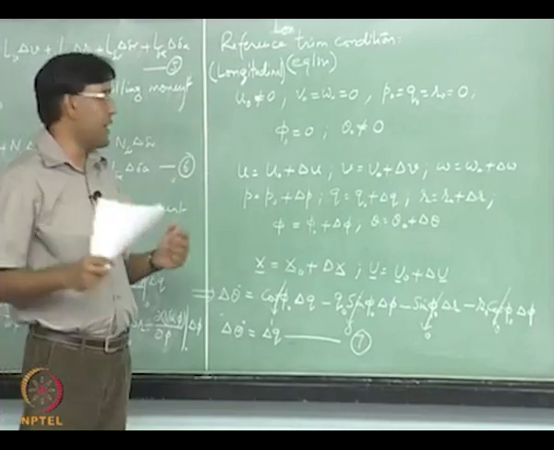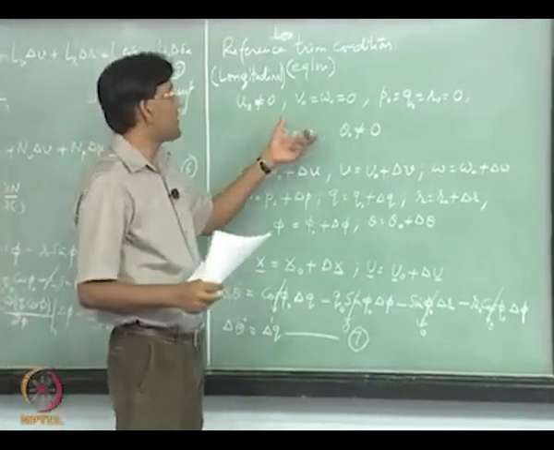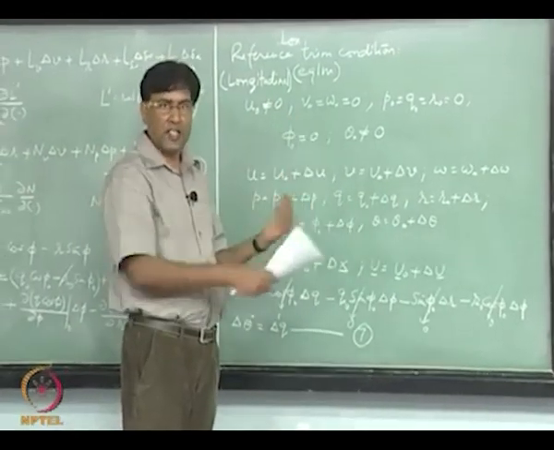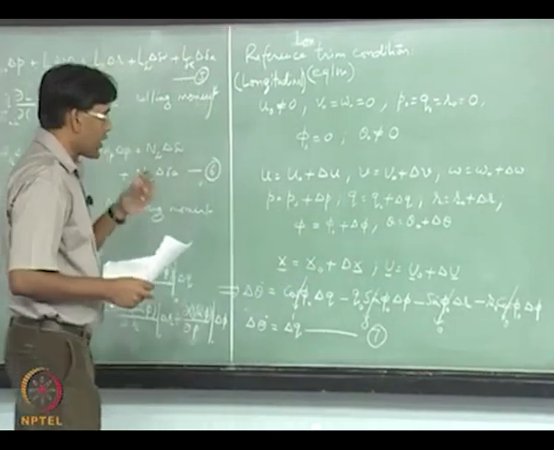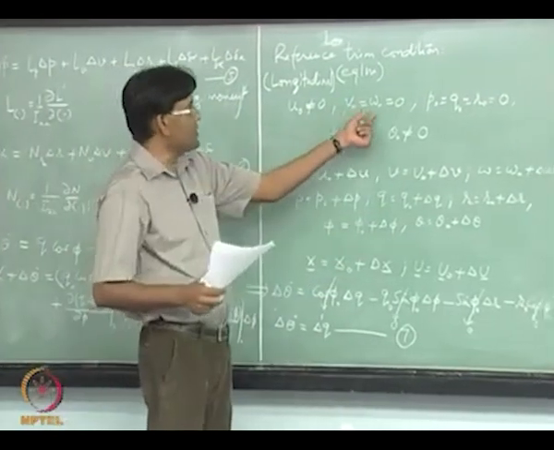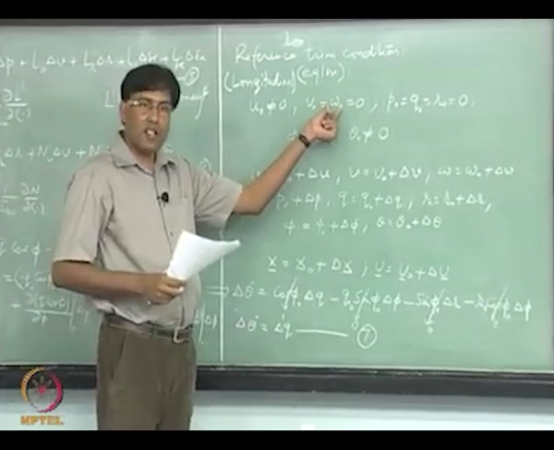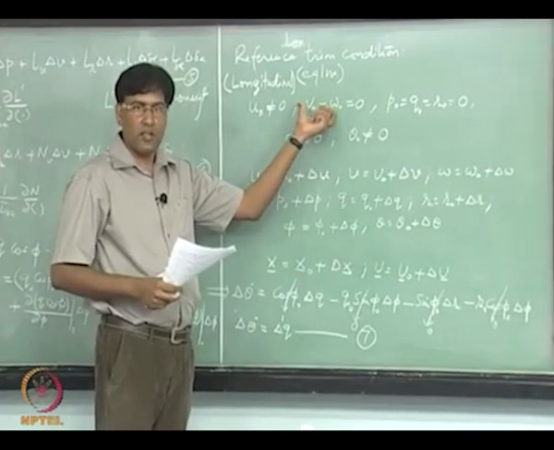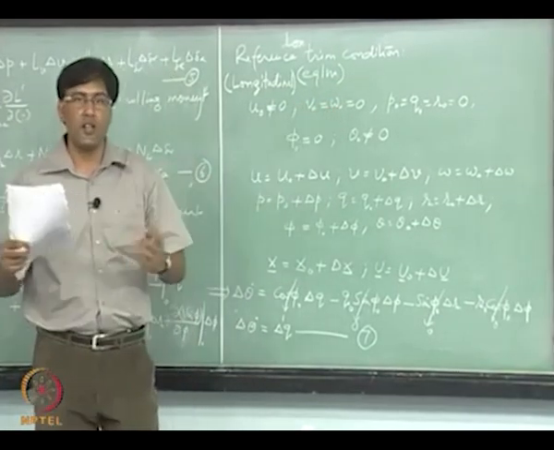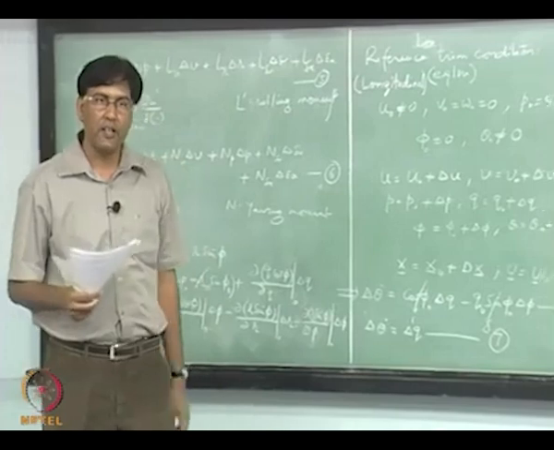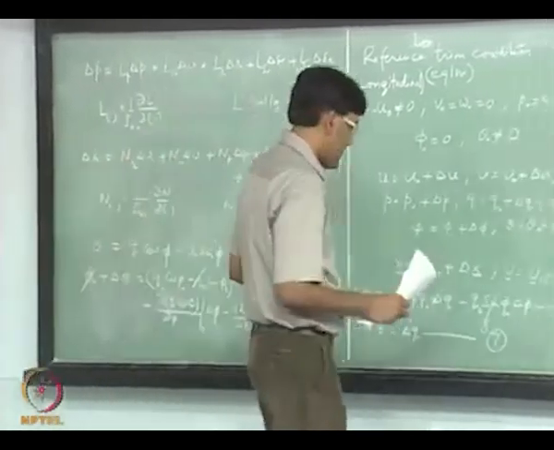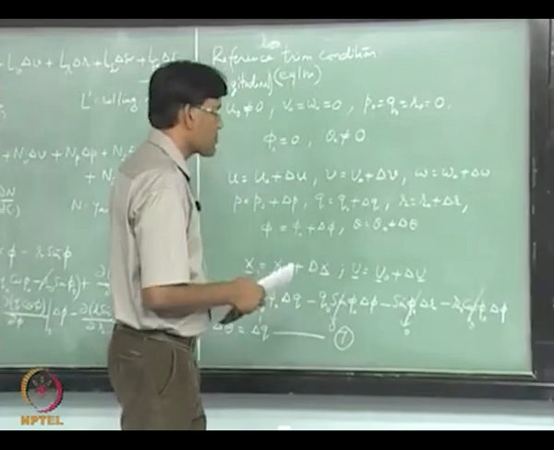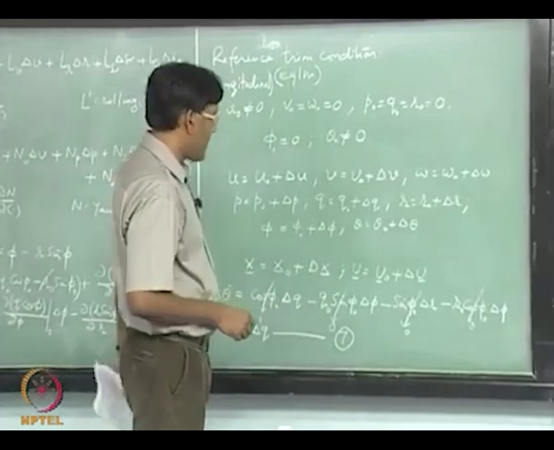Okay. So if you have any other flying condition, you have to repeat this exercise, because here what we have assumed is that alpha naught is 0, but alpha naught may not be 0 in longitudinal flight.